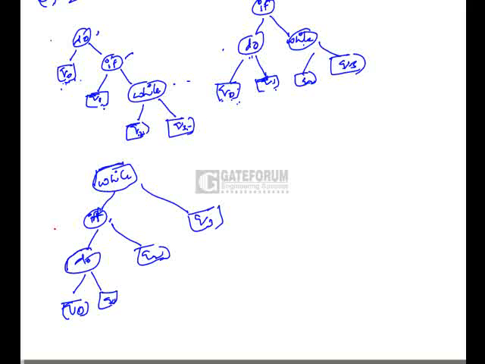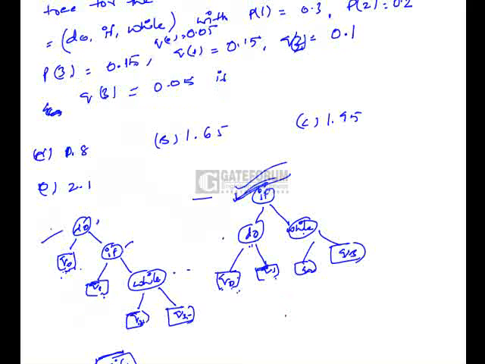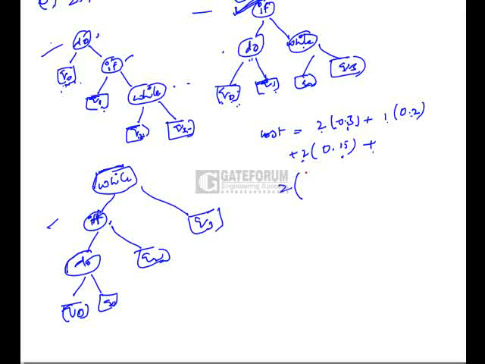So if we calculate the cost for these 3 trees, for this tree the cost would be minimum, and the cost is 2 into 0.3 plus 1 into 0.2 plus 2 into 0.15, that is 2 into P1, 1 into P2, 2 into P3, plus 2 into the Q's, because all these are on the same level: 2 into 0.05 plus 0.15 plus 0.1 plus 0.05.